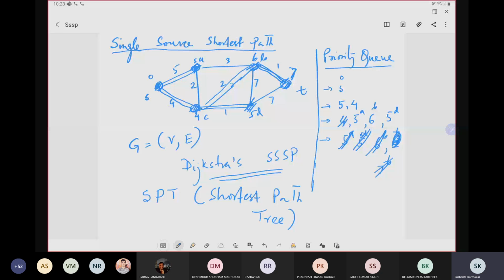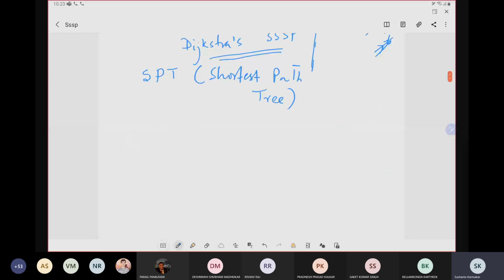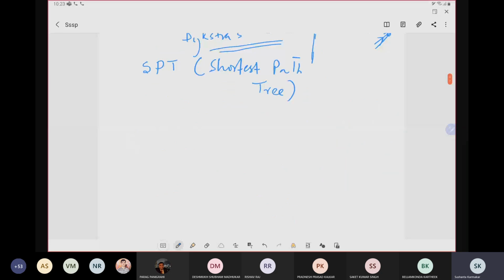Why is this algorithm successful? So to do that, we try to understand one theorem, which is very crucial for this algorithm. So let me just write the theorem.